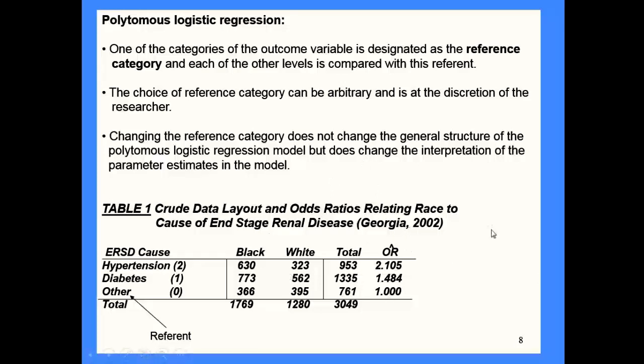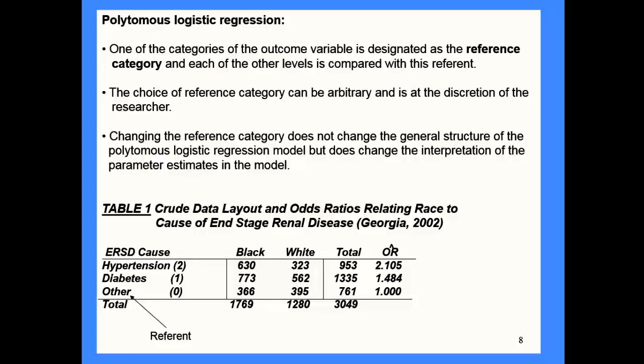You'll notice that on the very right-hand side, I've got these estimated odds ratios. So what are these odds ratios? See the 2.105? How do you think that's calculated? Well, the odds ratio in a 2x2 table is AD over BC, right? That's the usual formula.